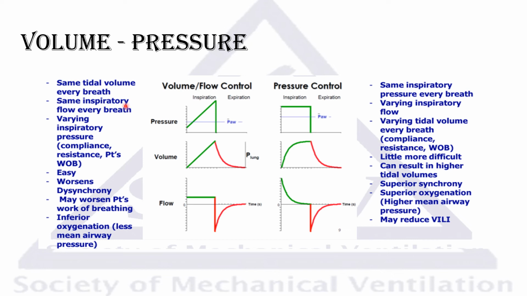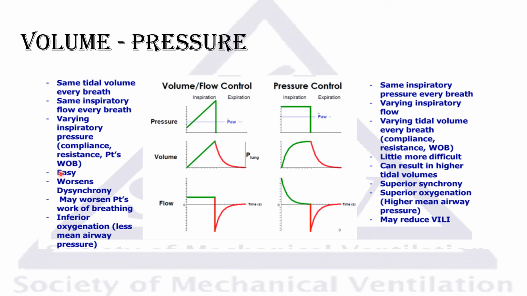Again, that's not our natural breathing, and you're probably imprisoning the patient on the same tidal volume, same breath every breath. So of course, there will be a lot of dyssynchrony. The inspiratory pressure will vary, as we talked about, with different changes in compliance, resistance, or the work of breathing of the patient.